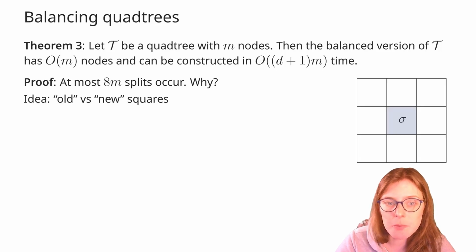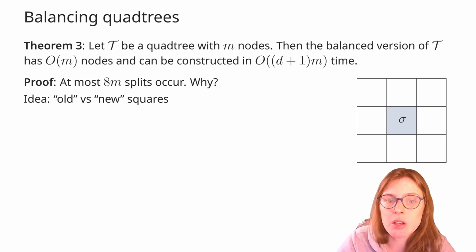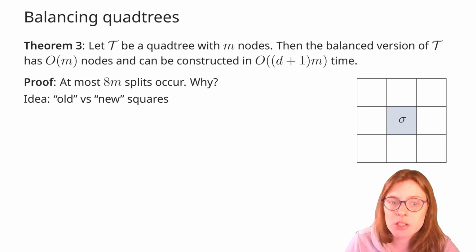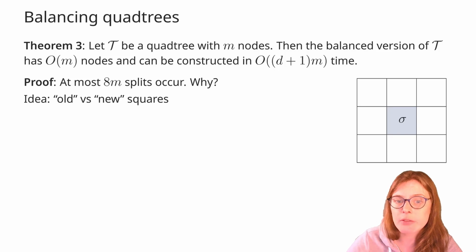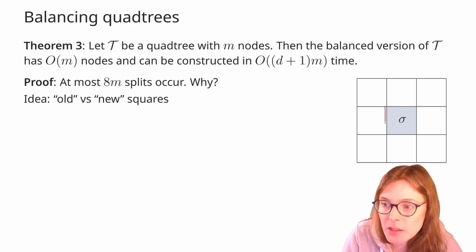Why is that? We will base our analysis on considering the old versus new squares. The old squares are the squares of the original quadtree T, and the new squares are the squares that we have introduced during the balancing operation. Consider a square sigma that gets split in the balancing operation.